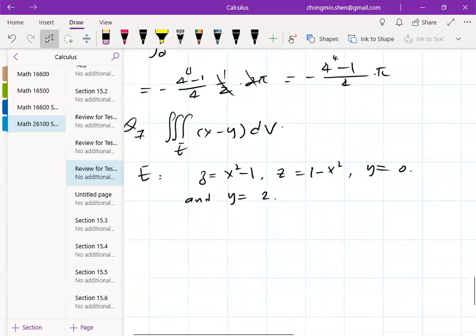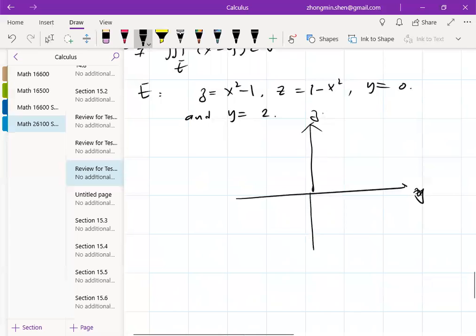Here's x, this is y, this is z. So z equals x squared minus 1 is negative 1 when x equals 0. This is a parabola that opens upward, and z equals 1 minus x squared is a parabola that opens downward. This is in the xz plane.